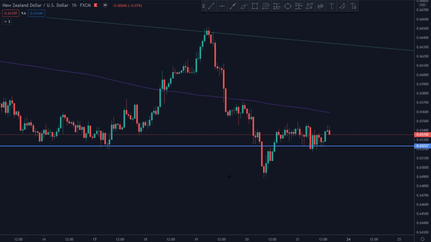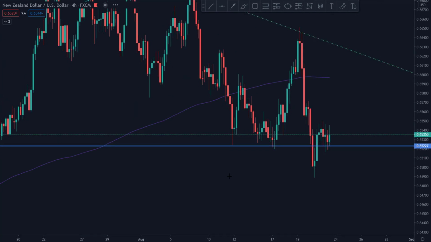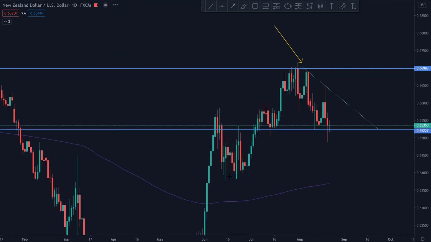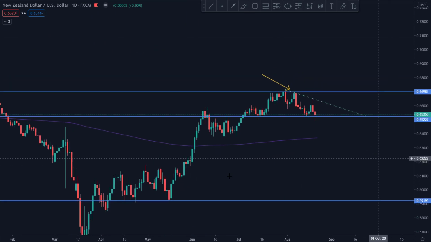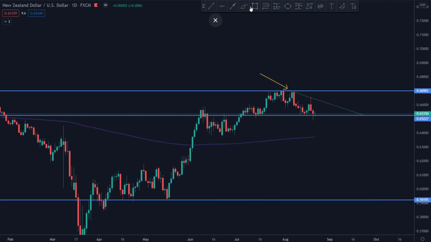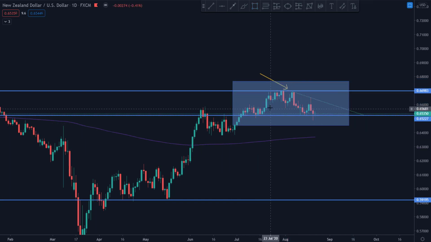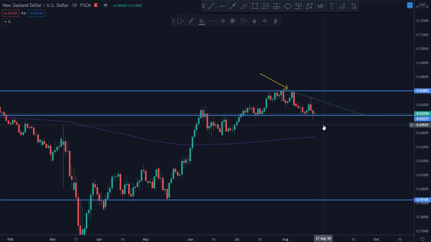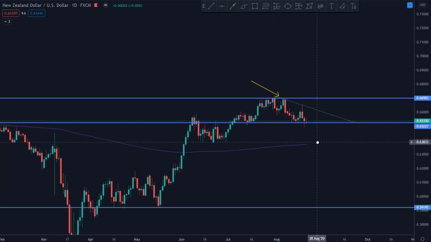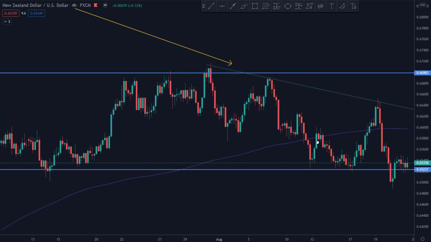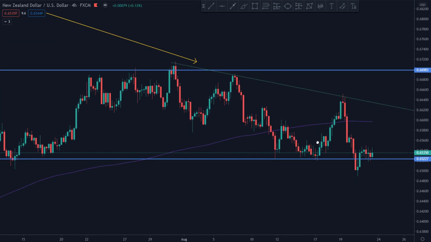Alright, we have our possible outcome here. So basically, if we go to one day, we're going to see that the price could be in this range for a couple of days, almost months, let's say. If we go to 4 hour, we're going to see the price with a better chance to get into it.